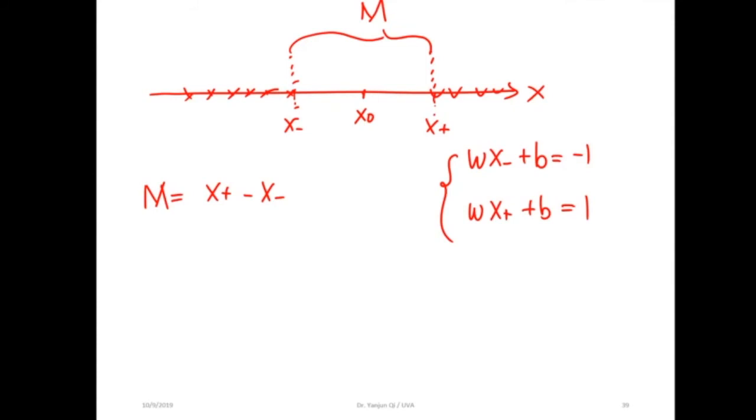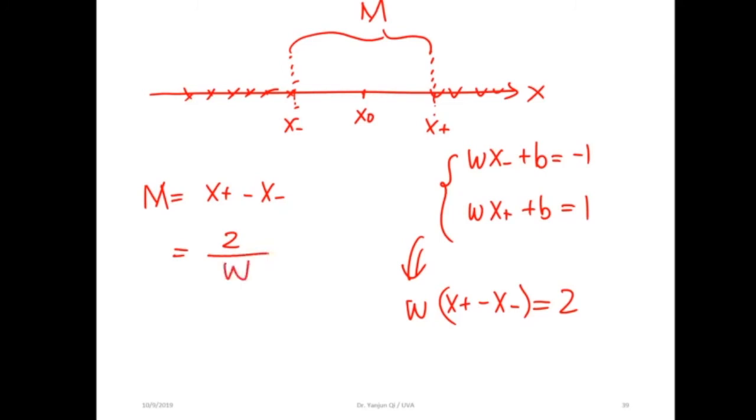How do I do it? Second equation minus the first equation. What do I get? W times (x plus minus x minus) equals 2. So margin equals what? 2 over W.